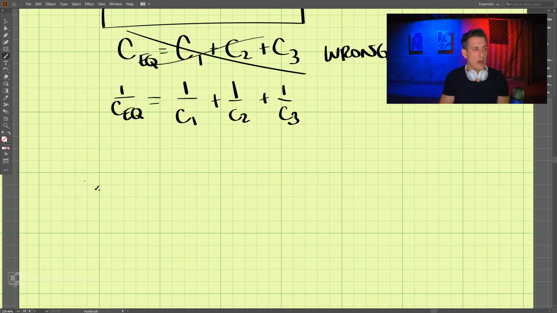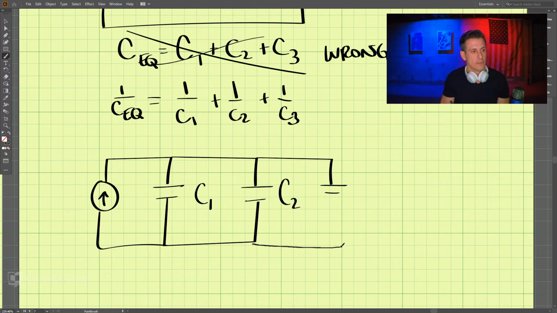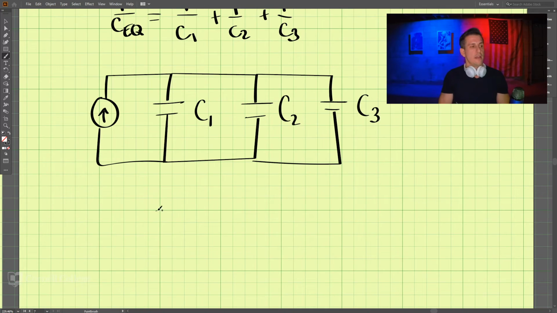Now let's talk about how we do it if we have capacitors in parallel. So we have capacitors in parallel, C1, C2, C3. Now, if we want the equivalent capacitance, we add them together like resistors in series.